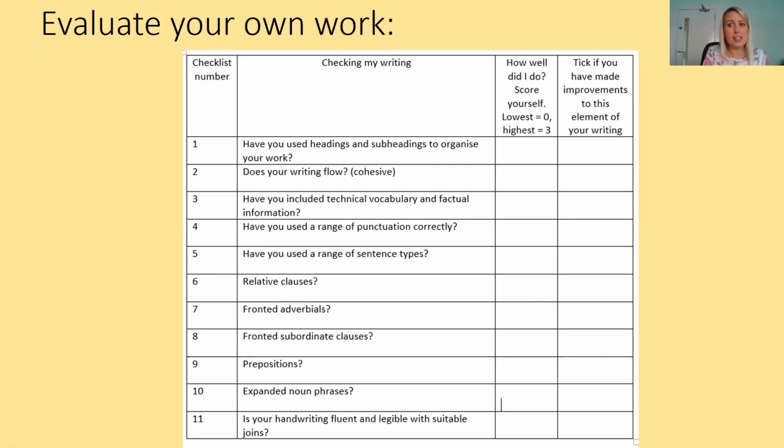So pause this screen in just a moment, have a look at your writing, write the numbers 1 to 11, and score yourself against each of those things and tick if you've made those improvements to your writing.